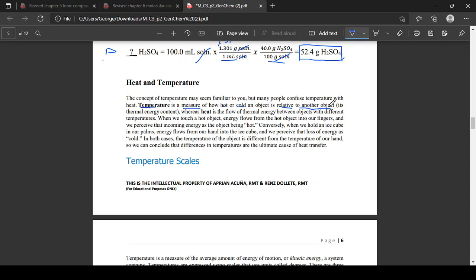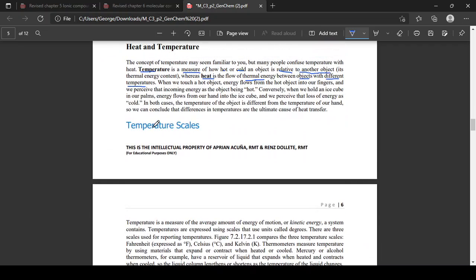Therefore, you have a comparison when we are talking about your temperature. While heat na naman niya is the flow, kids, of thermal energy between objects with different temperature. It is a flow of your thermal energy, while your temperature is just a measure of how hot or cold an object is. And that is the difference of your heat and temperature.